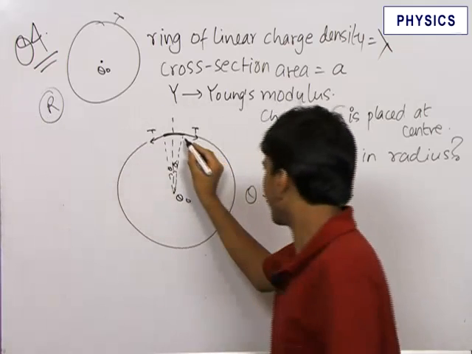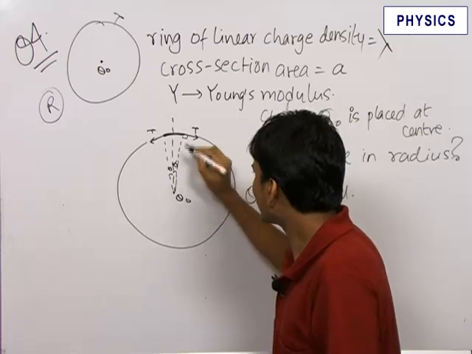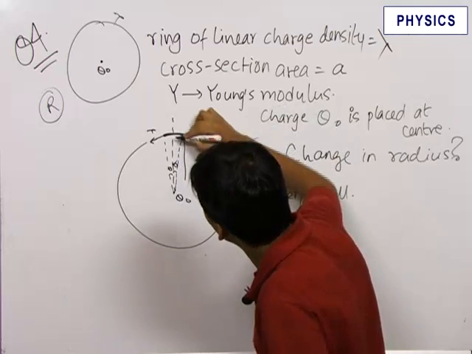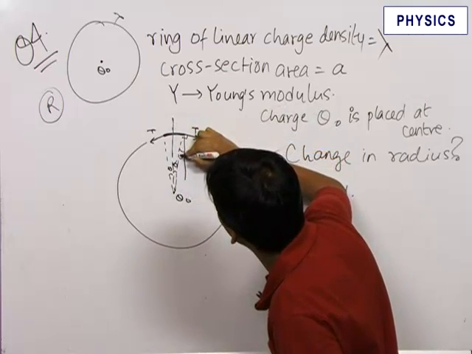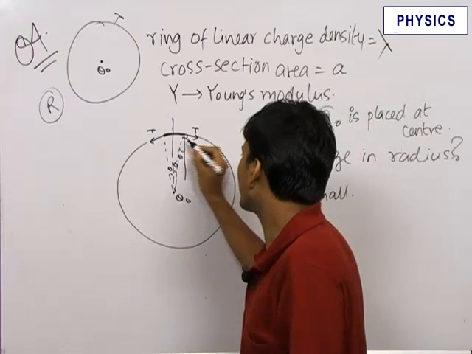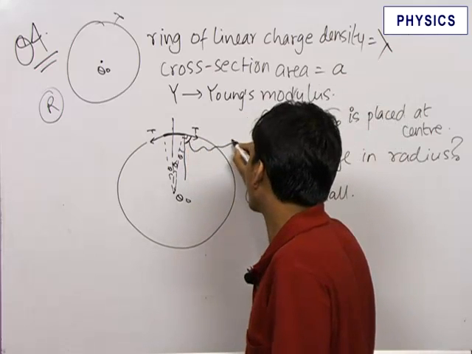Now this angle is 90 degrees. This angle is theta. That means if we draw a line parallel to this line, this angle comes out to be theta. If this angle was 90 degrees and this is theta, therefore this is pi by 2 minus theta.